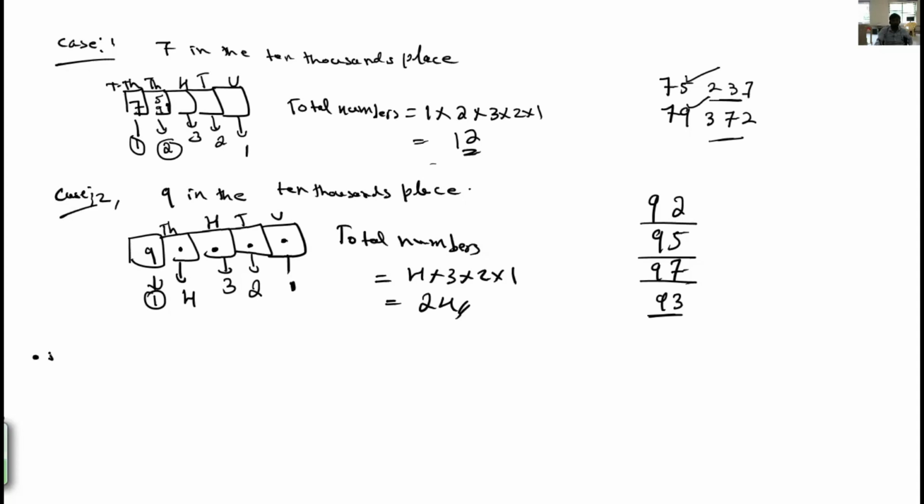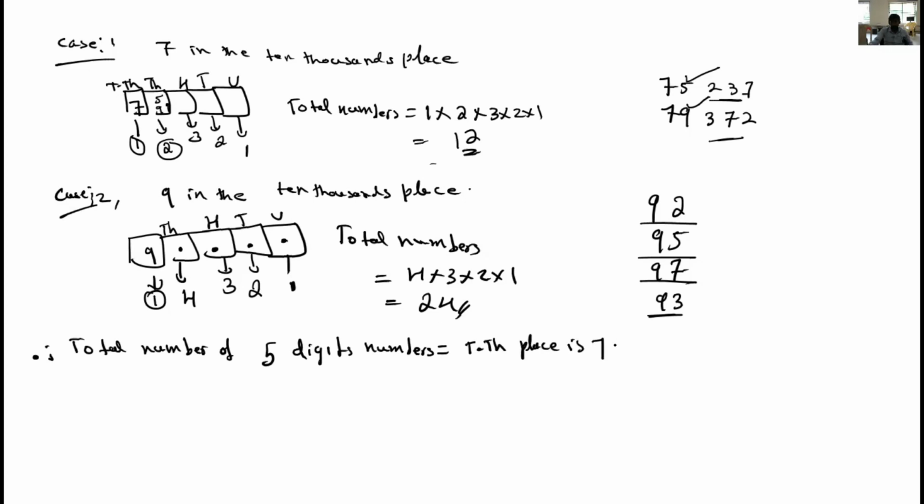So write the conclusion: total number of 5-digit numbers is equal to case 1 and case 2 combined. Case 1, the 10,000s place is 7; case 2, the 10,000s place you are fixing 9.